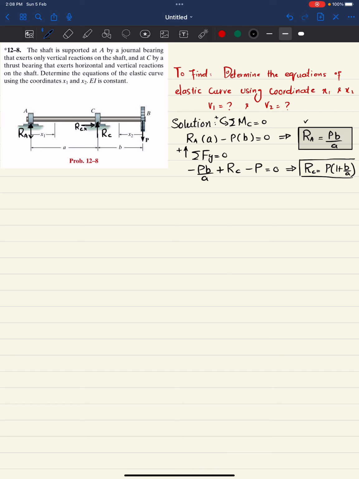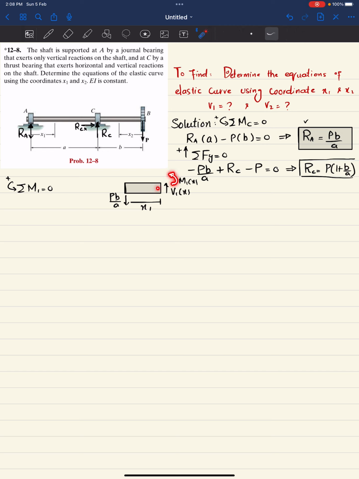Now, if you cut this beam at a distance of x1 and draw the free body diagram, it will be like this. This is the point where we have Ra, which is Pb over A, and this distance is x1. If you cut it, there will be a shear force V1 of x and a moment M1 of x. Let this be your point 1. Sum of all moments about point 1 is equal to 0, taking counterclockwise moment as positive.